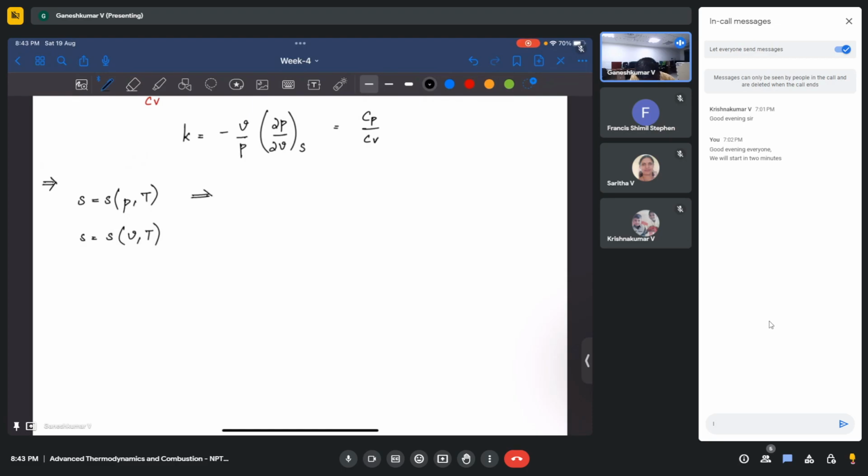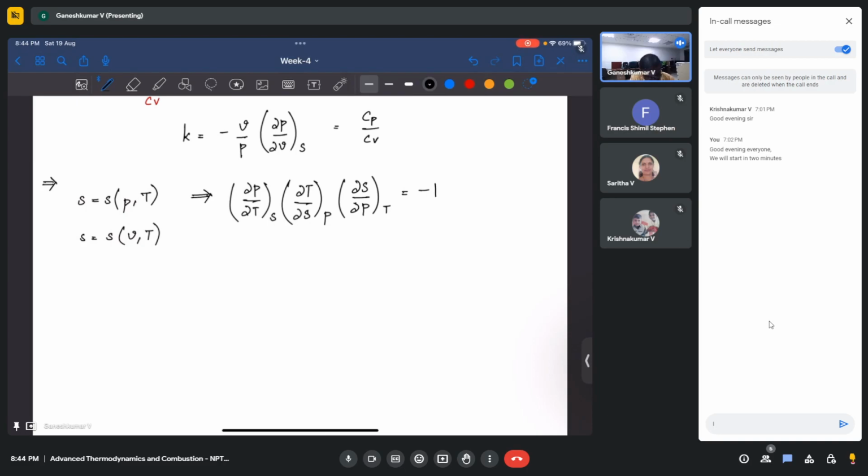Now, what we can do is use the cyclic relation, where we say that ∂P/∂T at constant S times ∂T/∂S at constant P times ∂S/∂P at constant T is equal to minus 1, right?